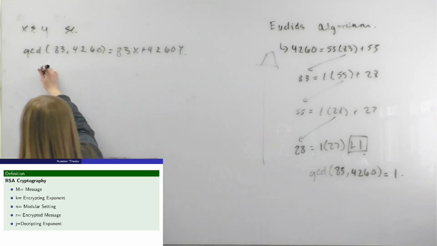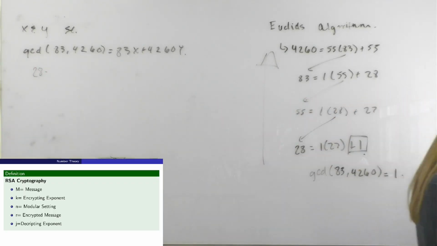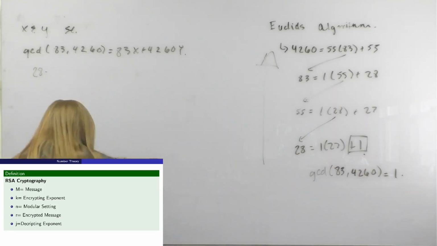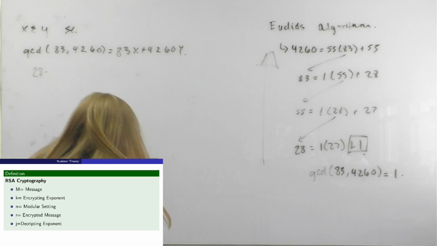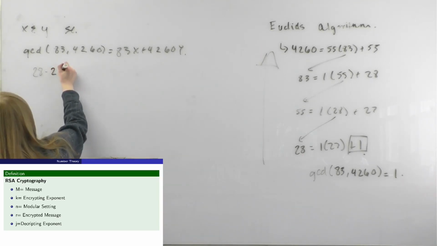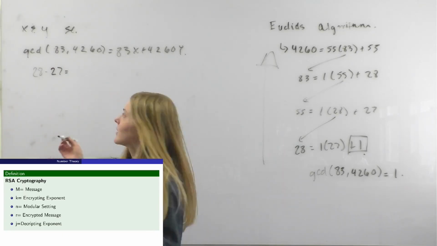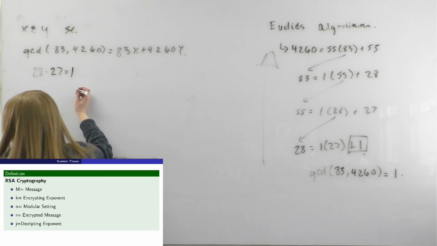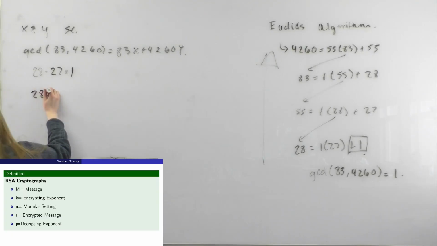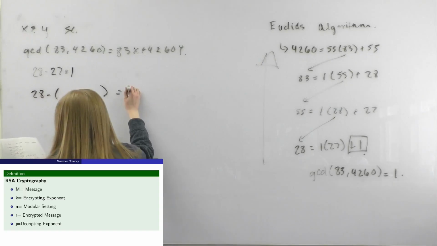So we have 28 minus, oh, this marker is not doing very well. Okay. So we have 28 minus 27. What do we think that is? Yeah, just 1. Got to get the audience involved. So we have 28 minus 27 is equal to 1.